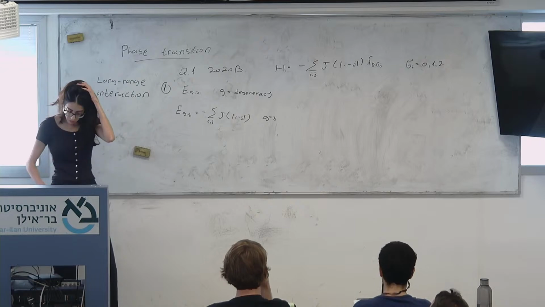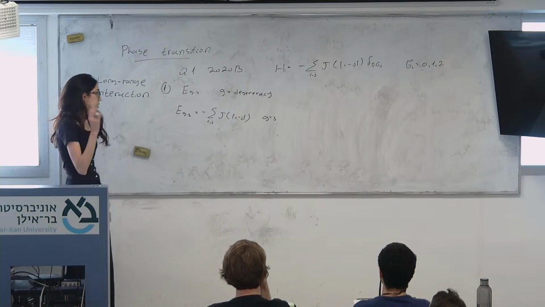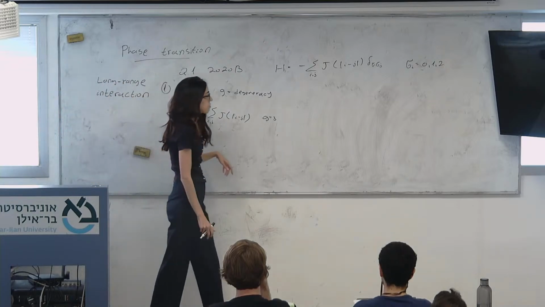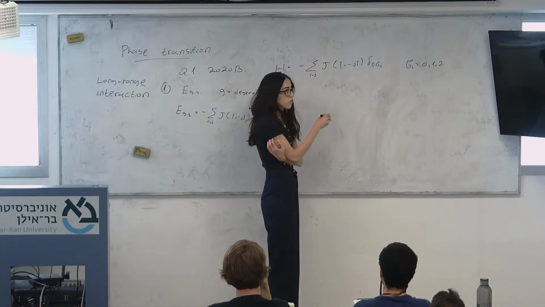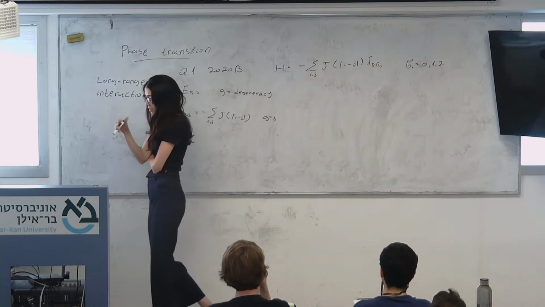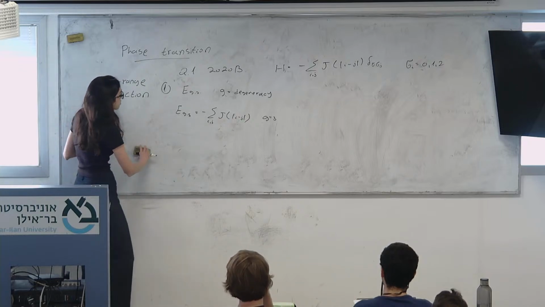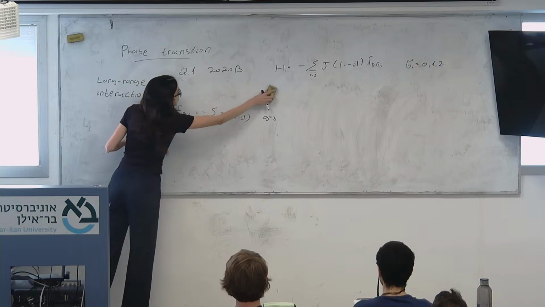Okay, so now you have different options for what J is, and they ask, okay, so let me write it instead of that.